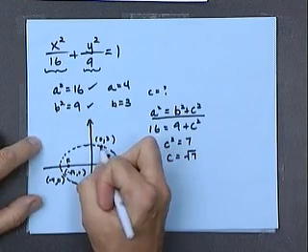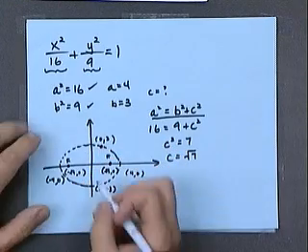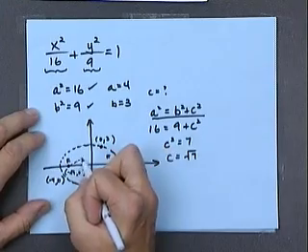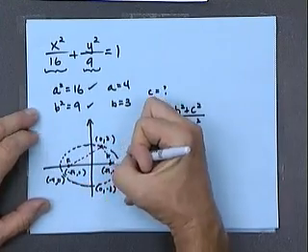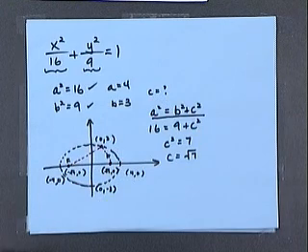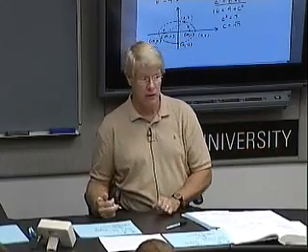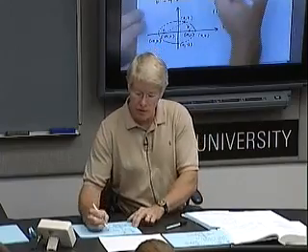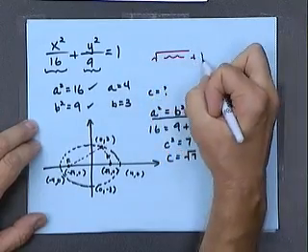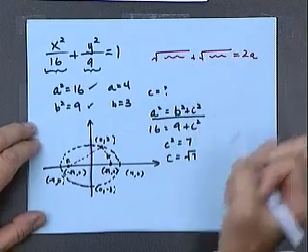This point, which is not an end of a major axis or a minor axis, is on the ellipse. So this distance plus this distance, the sum of the distances from those two original fixed points, is a constant. Do we know what that is on this ellipse? You can figure it out. Go all the way back to our first statement where we figured out the equation: that distance plus the other distance equals something. You remember what that was? 2a. So our equation started out distance plus distance equals 2a.